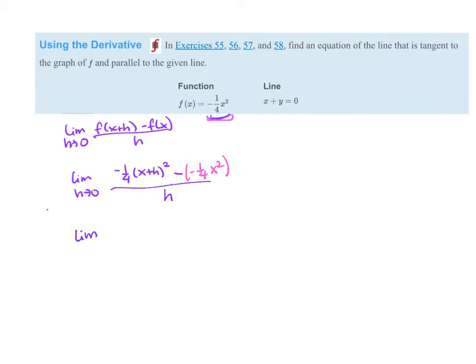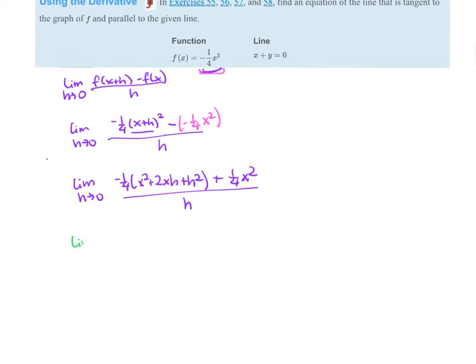So let's simplify. The limit as h approaches 0 of negative 1/4 times, square this first, x squared plus 2xh plus h squared, and then minus a minus will become a positive 1/4 x squared, all over h.